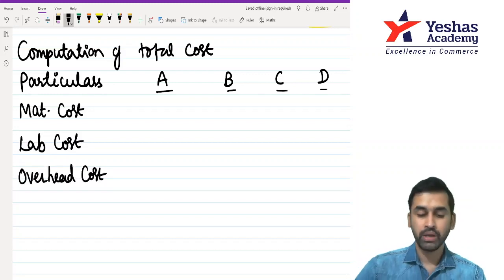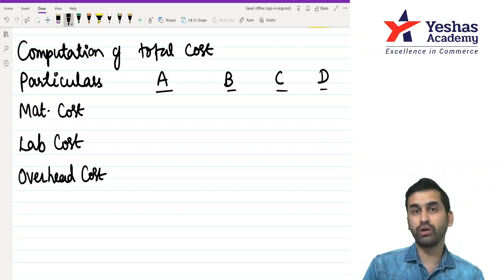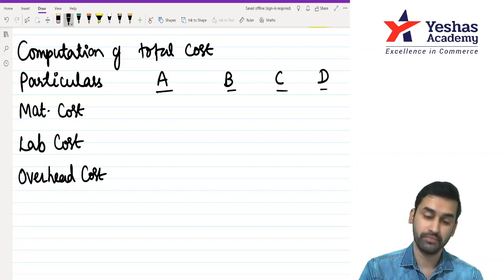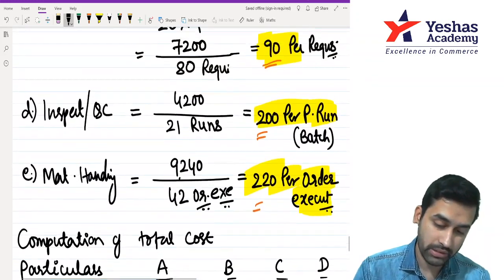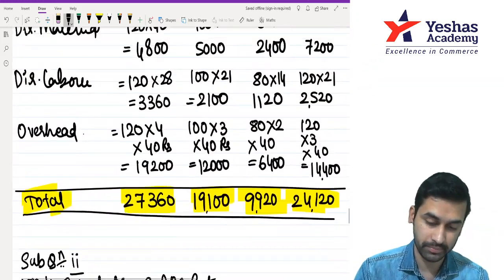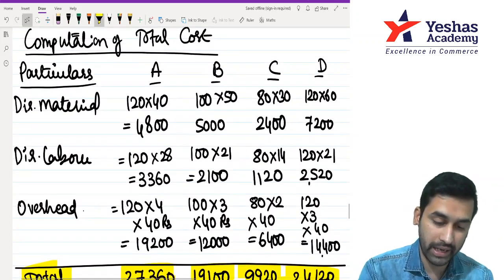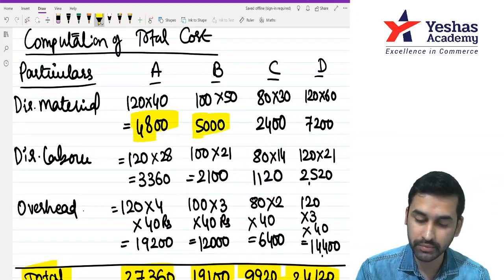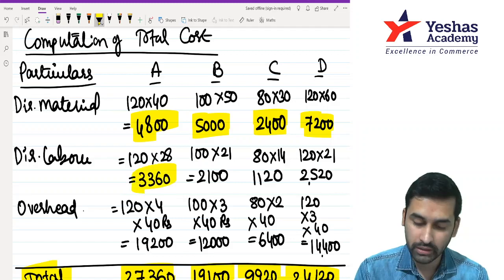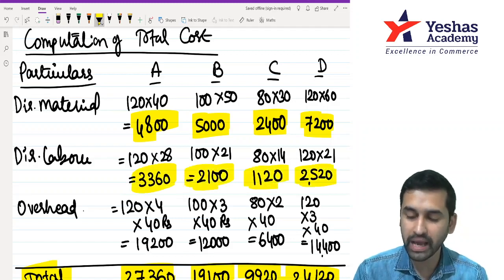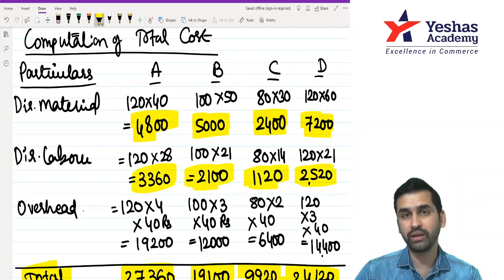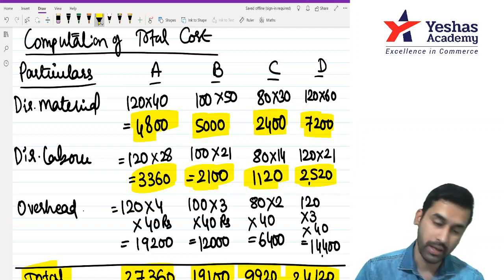By the way, material cost and labor cost don't work out again. You have already done this. Sir, where is it? Your sub-question A answer. You have already calculated these numbers. See here, I am highlighting. These numbers you can copy as it is. No need of writing once again. Correct? Copy.